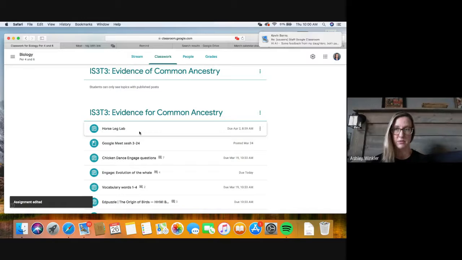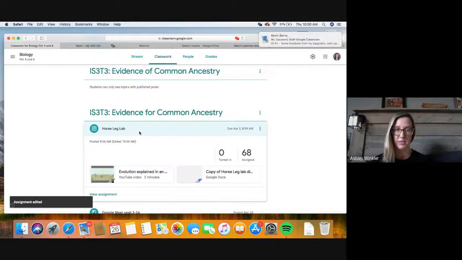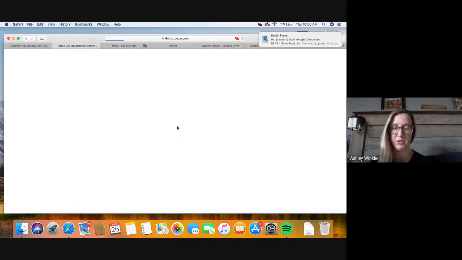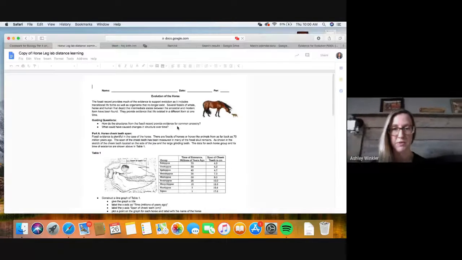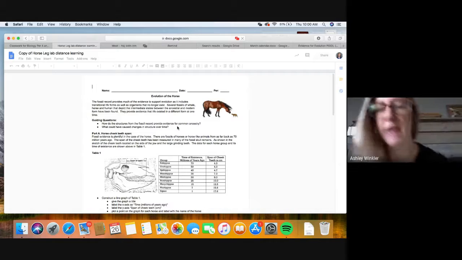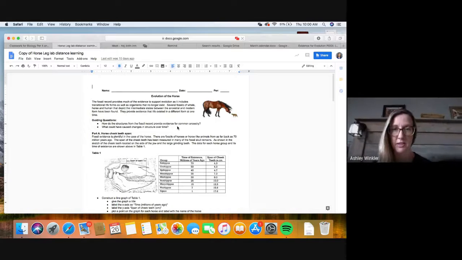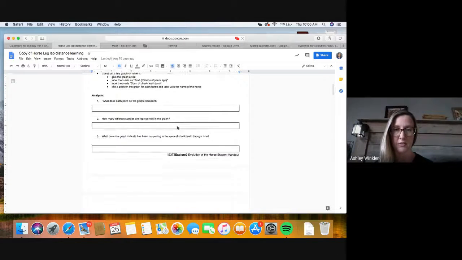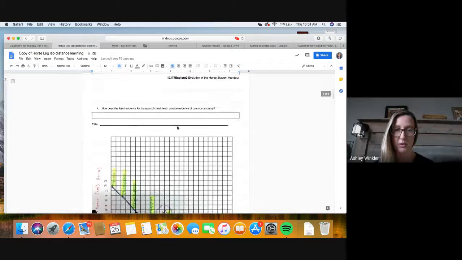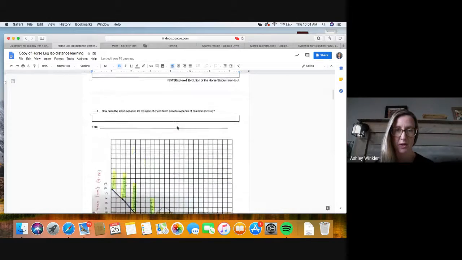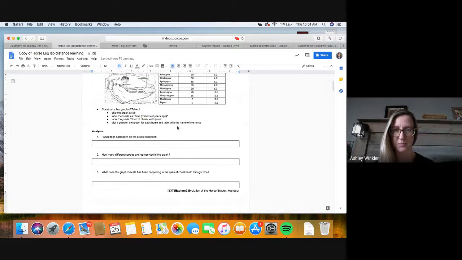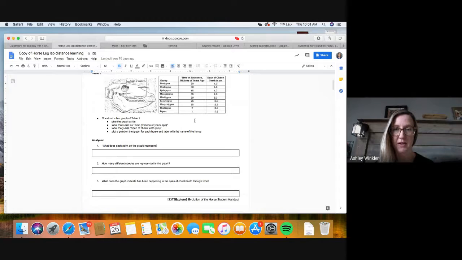Okay, let's talk about this activity. In an ideal world, we would be doing this in our classroom, but of course we're not. So I had to modify it and give you guys some of my work so that you could analyze it. So usually what we would do is we would be graphing this information.